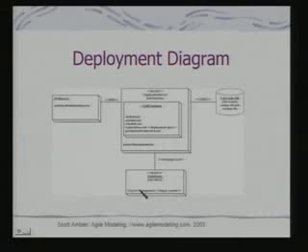Okay. So if you look at this, this is an example of a deployment diagram. So this is basically an object, indicated with your stereotype device. On a device, a particular set of objects have been mapped.